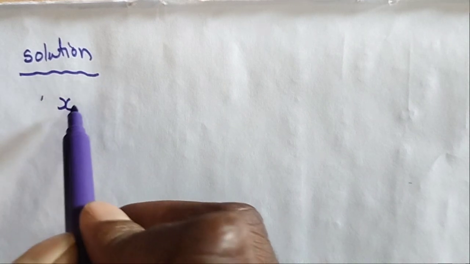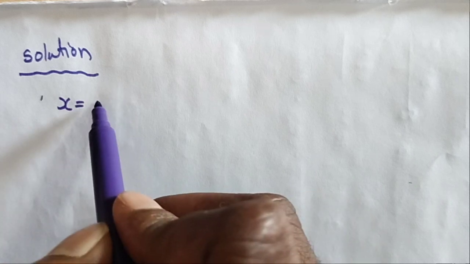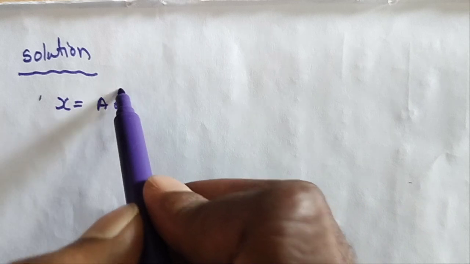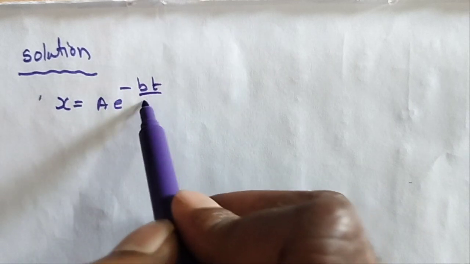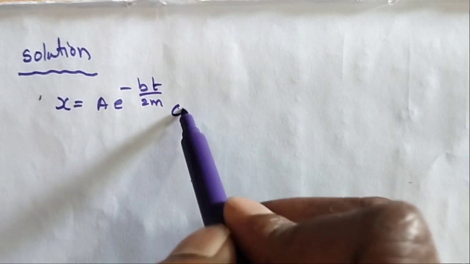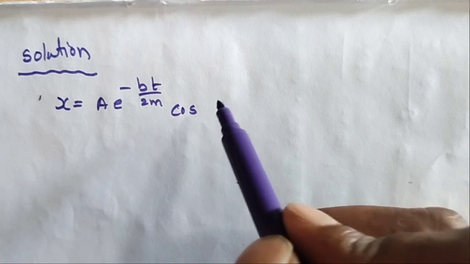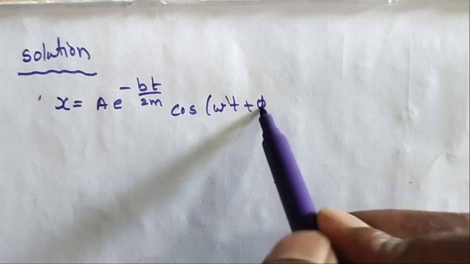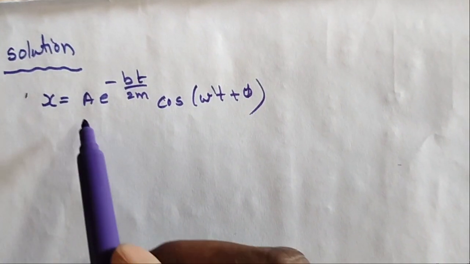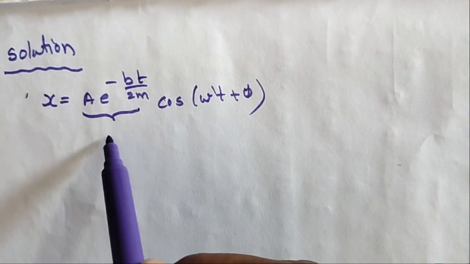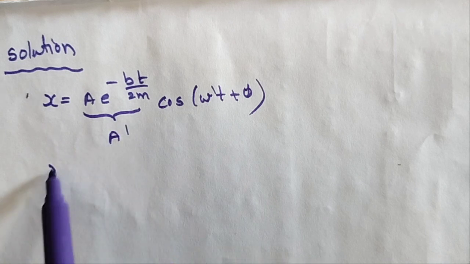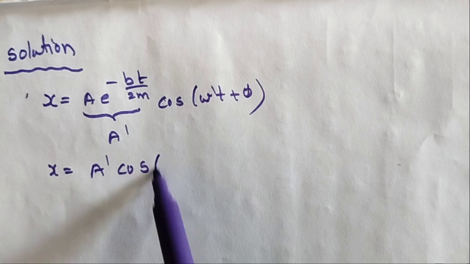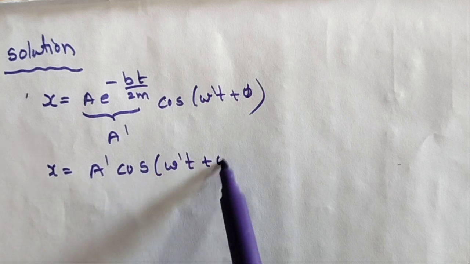The solution is x is equal to a e power minus bt by 2m cos omega dash t plus phi. Taking a dash as the amplitude, x is equal to a dash cos omega dash t plus phi.